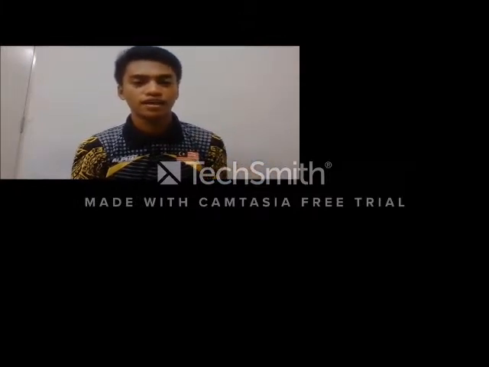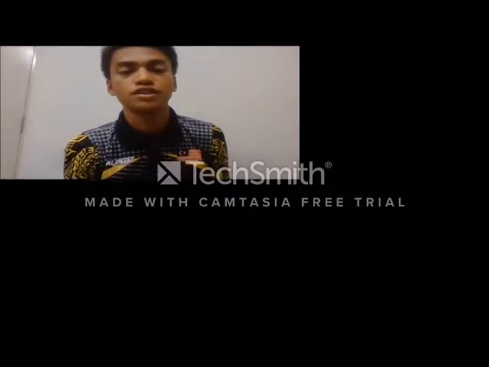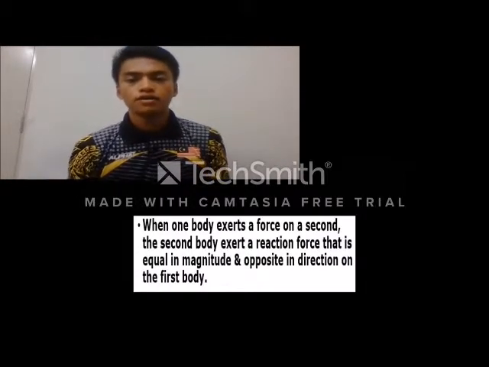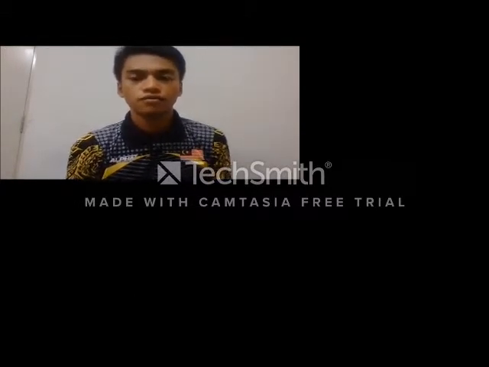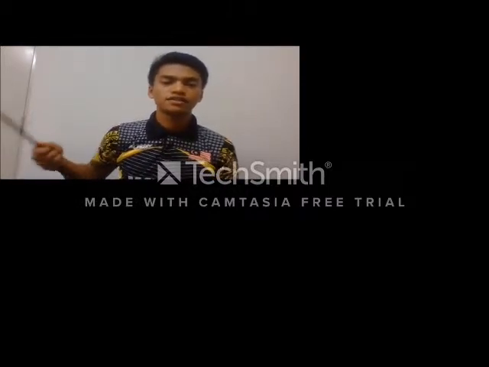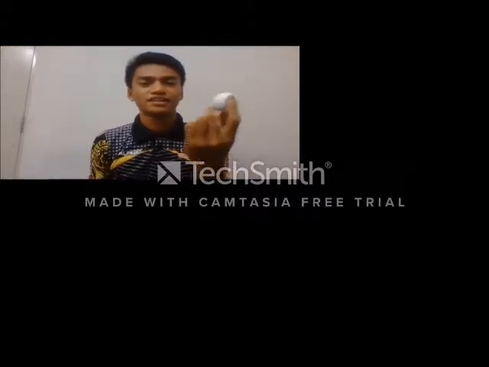The third of Newton's laws of motion is the law of action and reaction, which they called the law of friction. It is when one object exerts a force on a second object. This is the first object, which is the iron. Then this is the second object.